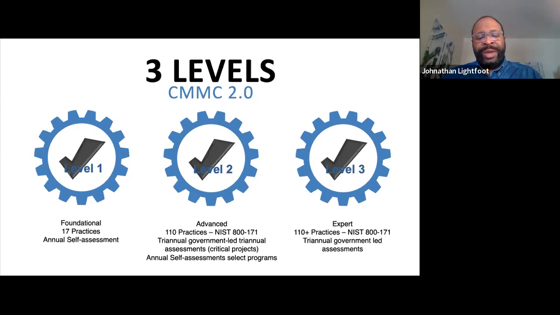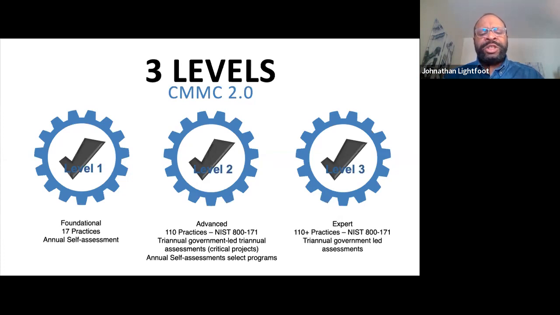There are two pathways. They haven't identified which contracts will require level 2 self-attestation or which will require level 2 C3PAO inspection. I'm predicting we're going to get more guidance on that, but you'll see it in the RFPs that come out, which will say whether a level 2 self-attestation is needed or if you're going to need the C3PAO.